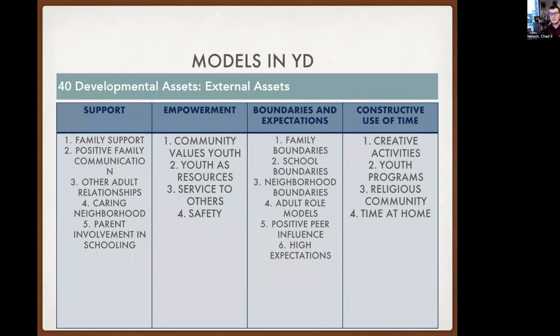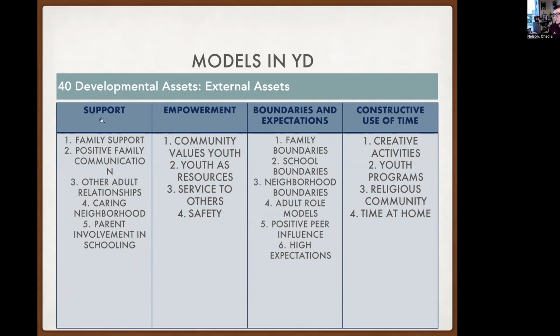So this is an example of the developmental assets. The Search Institute is a great place to find resources, but this model is for practitioners and researchers. I discussed this in my undergraduate and graduate courses. When you look at these developmental assets, this is the external, so the things outside of the young person, support.